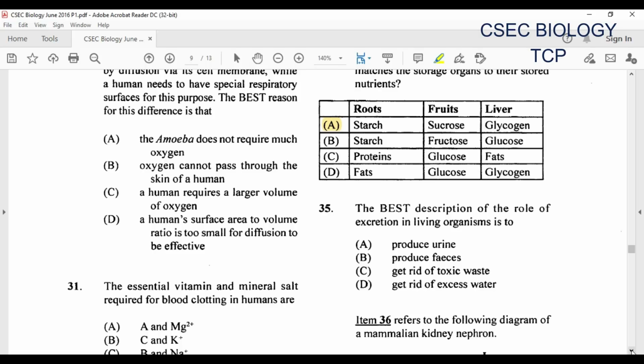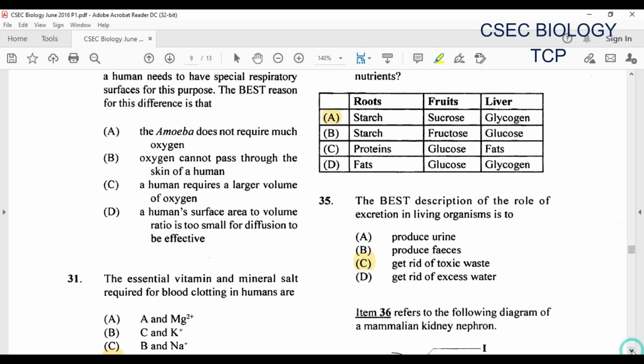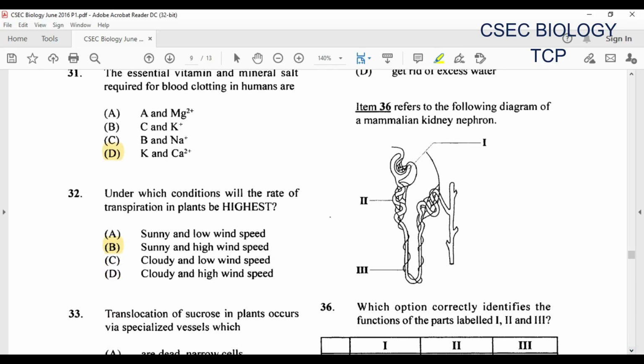And D, to get rid of excess water. The best answer here is of course going to be C, getting rid of toxic waste, as toxic waste will harm the body. That is really the straight-up definition, or the reason for excretion.